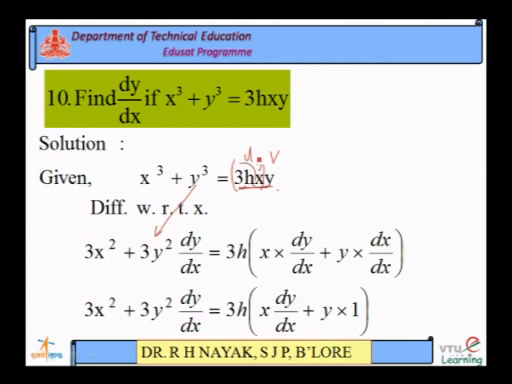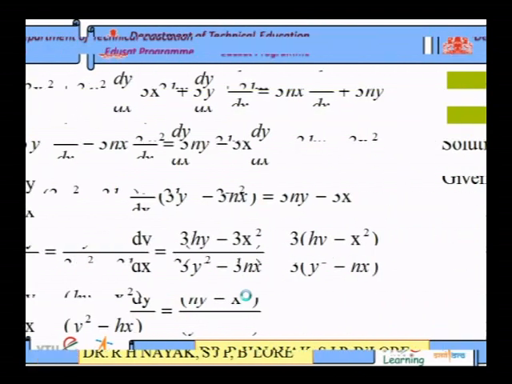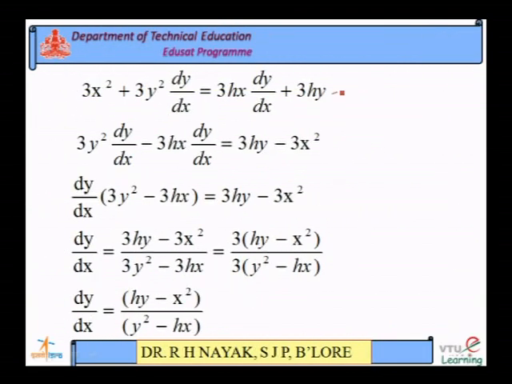Keep x into d by dx of y plus y into d by dx of x, is equal to 3h. Differentiation of y remains dy by dx, plus y into differentiation of x, which is 1. Next you remove this bracket: 3hx dy by dx plus 3hy.